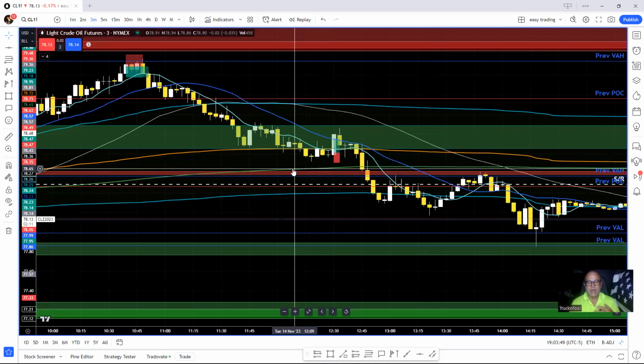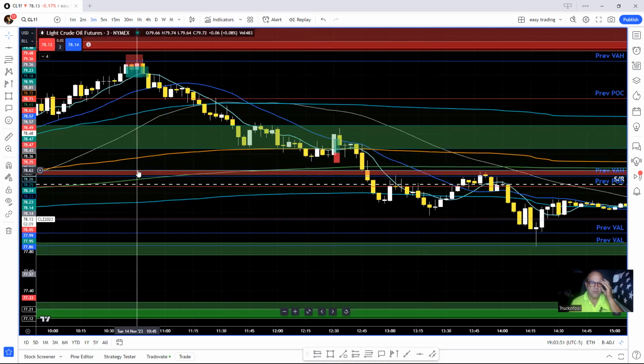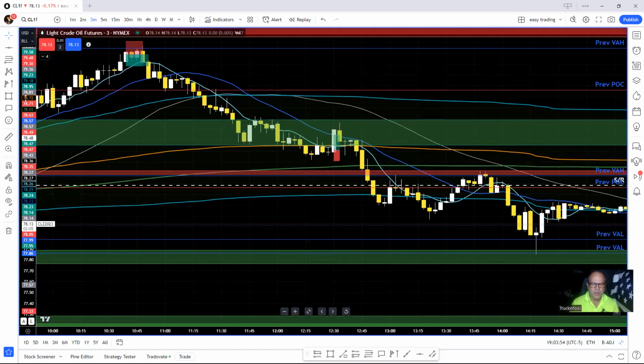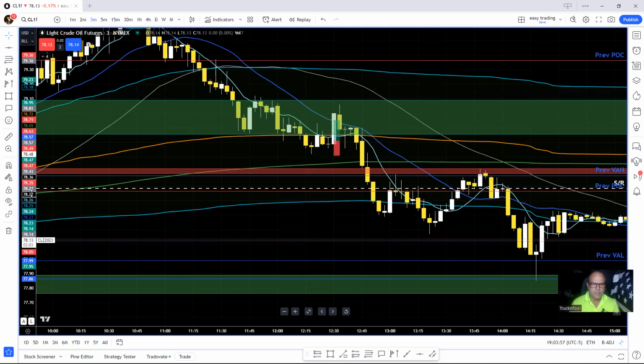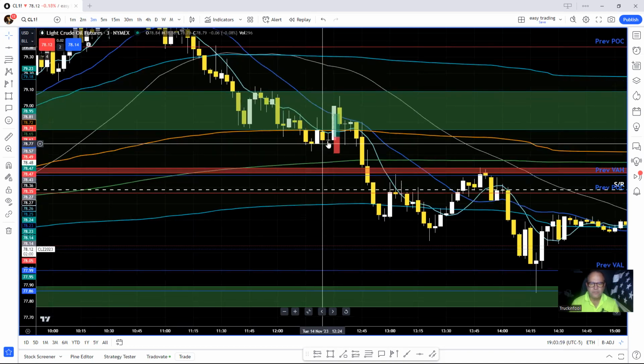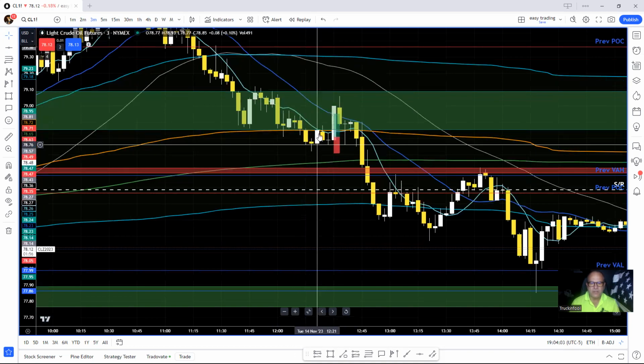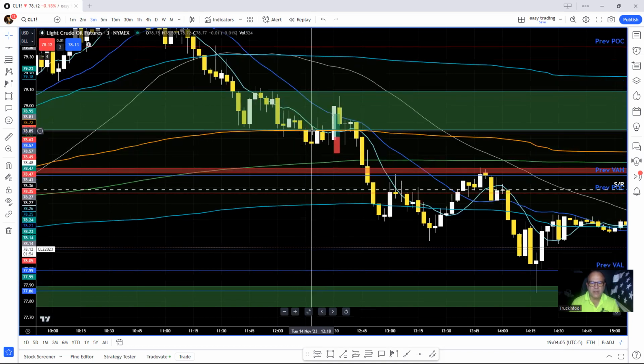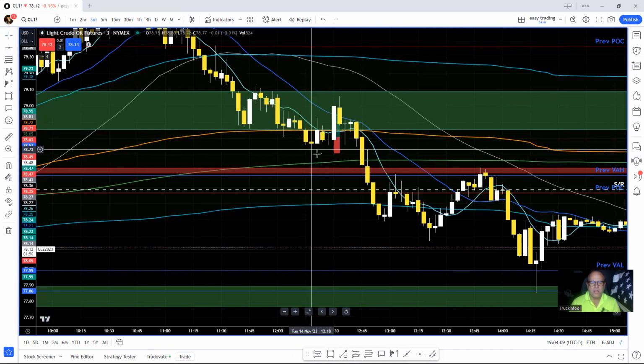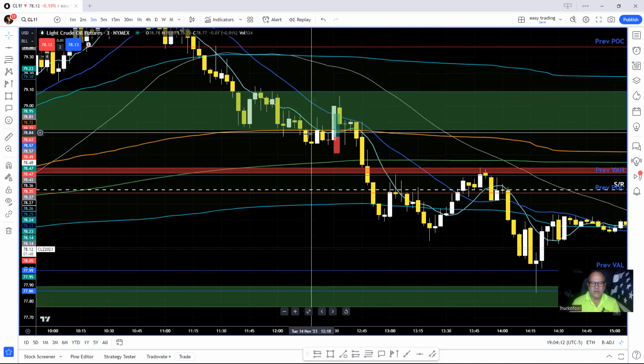And what I saw at that point was this little Morningstar setup. We had a Morningstar setup here, but the candle didn't close, so this one kind of failed. Obviously, it didn't close above VWAP.